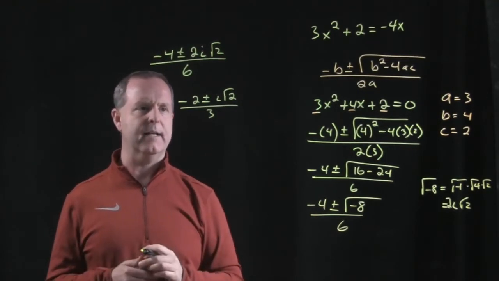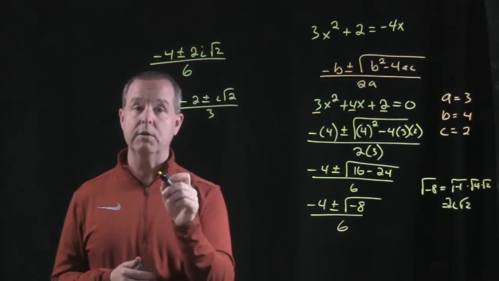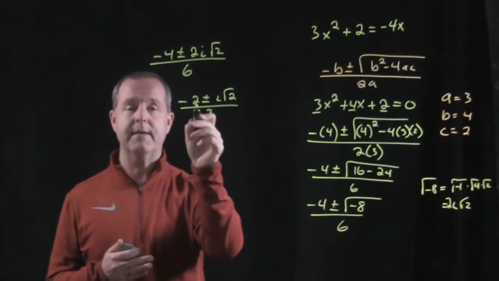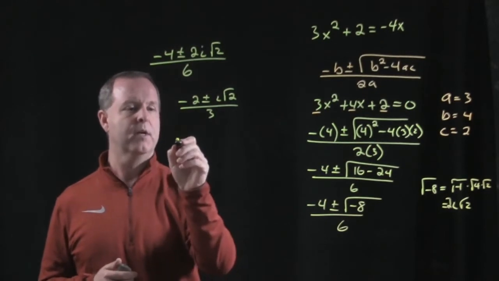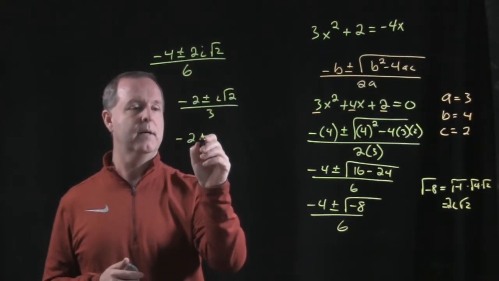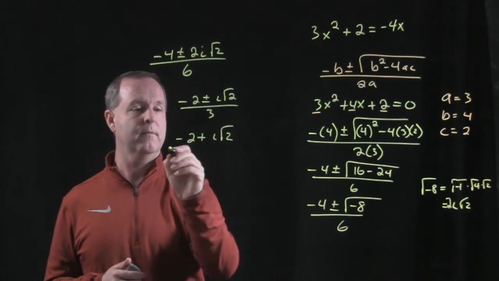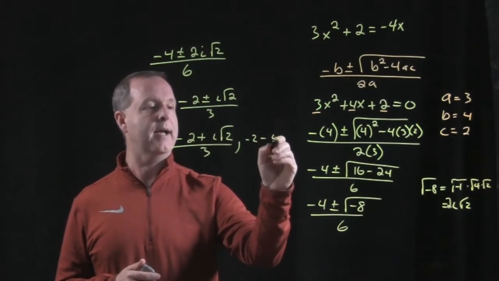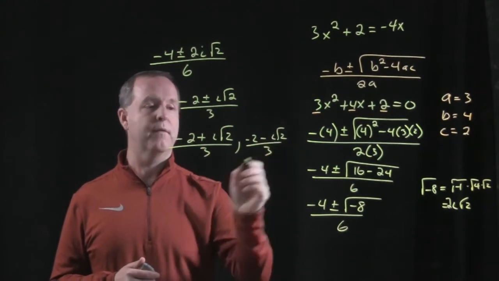And I can't clean it up any further. There are my two solutions. Let's write those out. One solution is negative 2 plus i root 2 over 3, and the other solution is negative 2 minus i root 2 over 3.